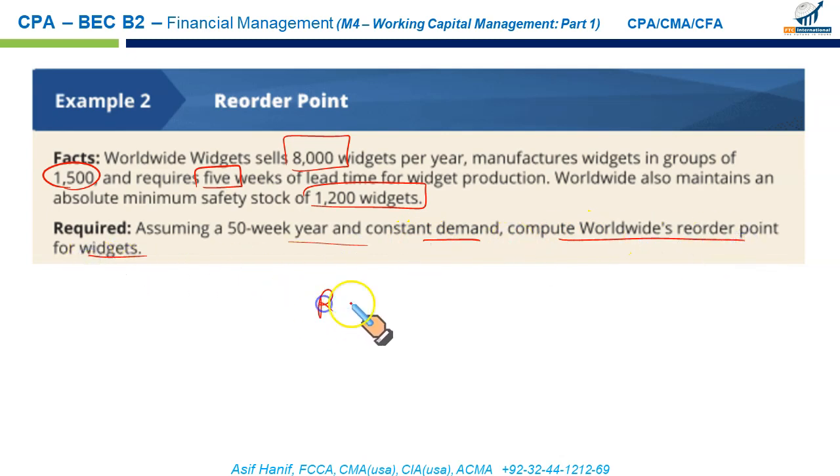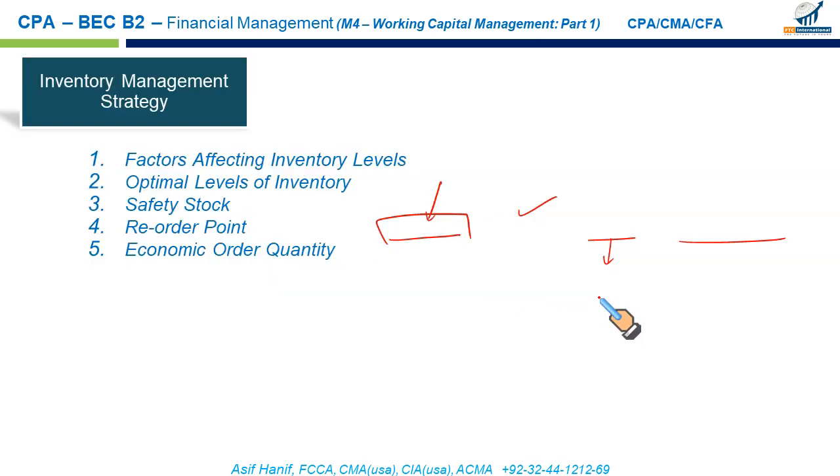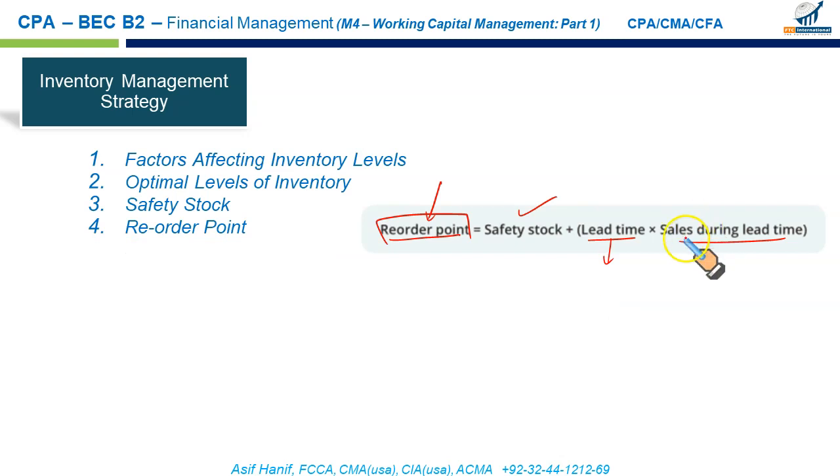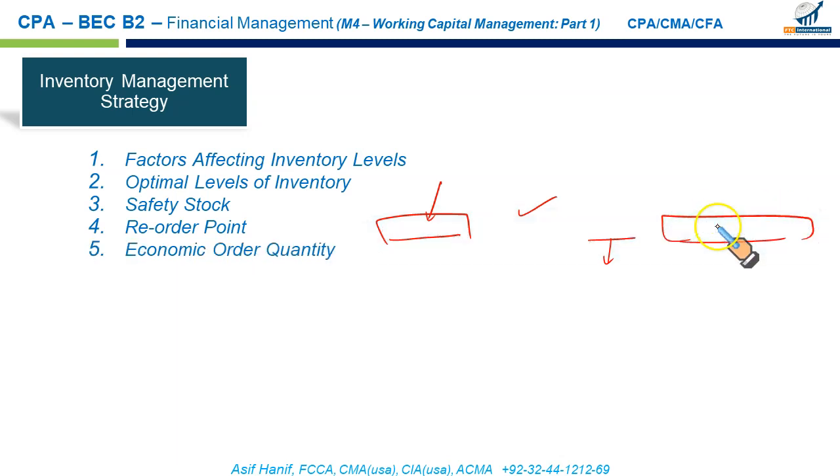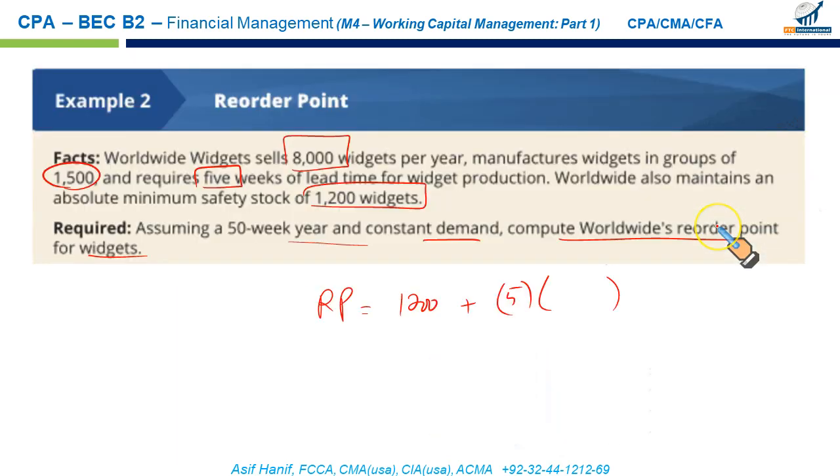We have just seen reorder point is equal to safety stock plus lead time, which is 5 weeks, multiplied by the weekly demand, or the demand during the lead time. So what you're going to do, you're going to divide your 8,000 annual demand by 50.